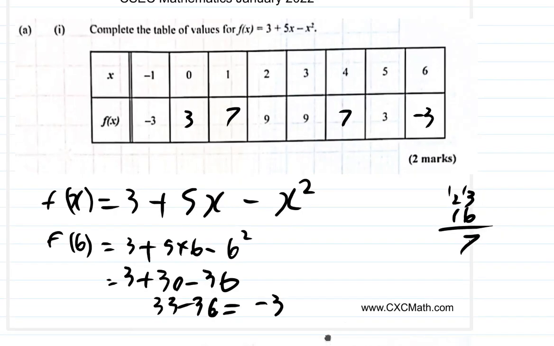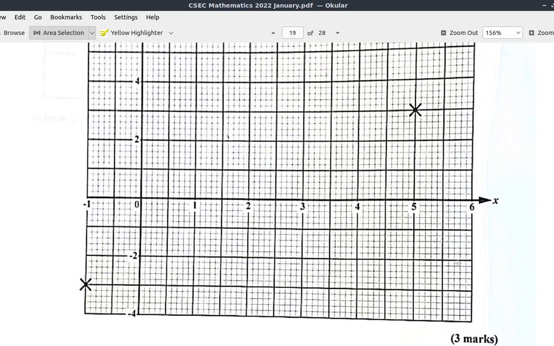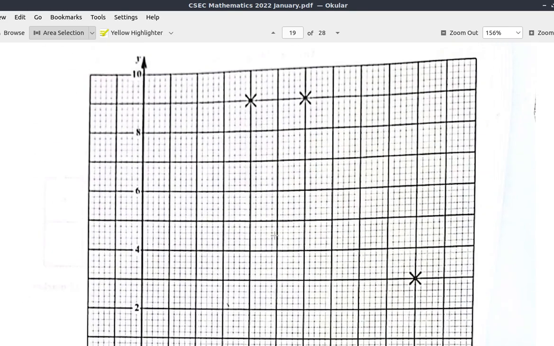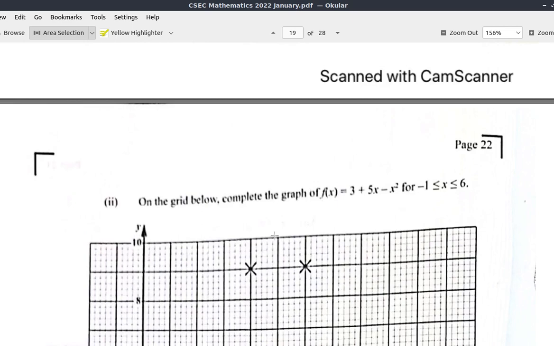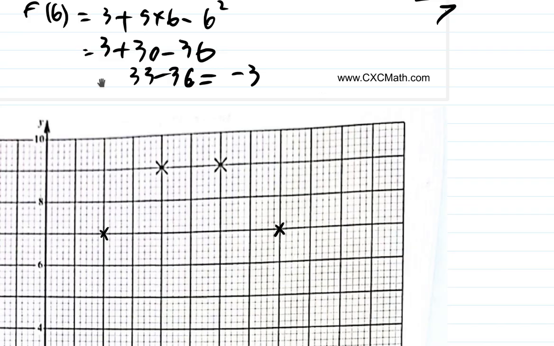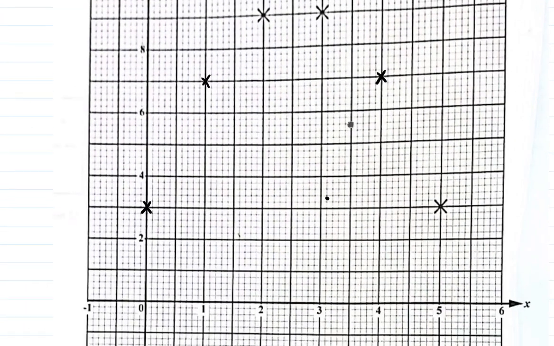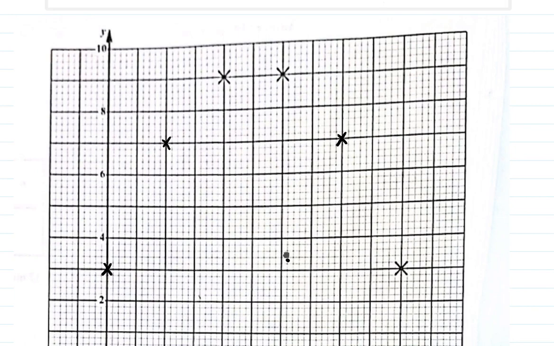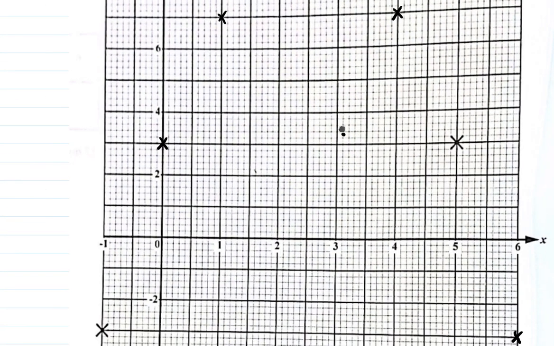After that, what happened? Let's see what they say. Write down the equation of the axis of symmetry of the graph. Oh, hold on there. Complete the graph. They say complete the graph, not just plot it. Complete the graph means you should draw the curve and label it.